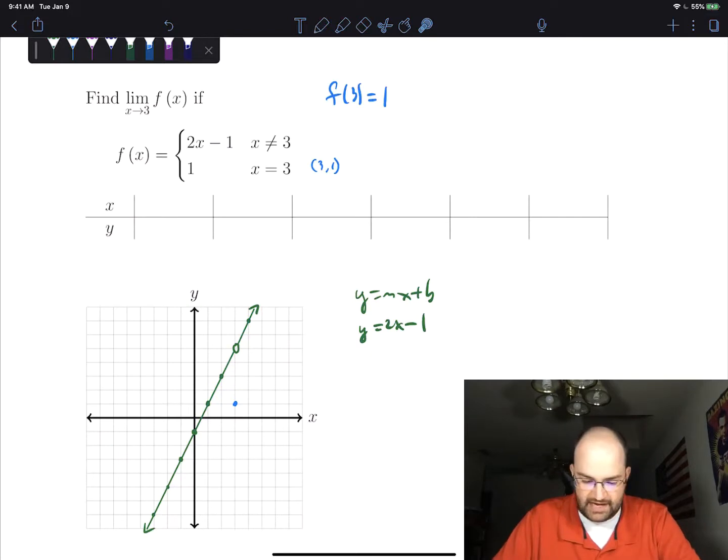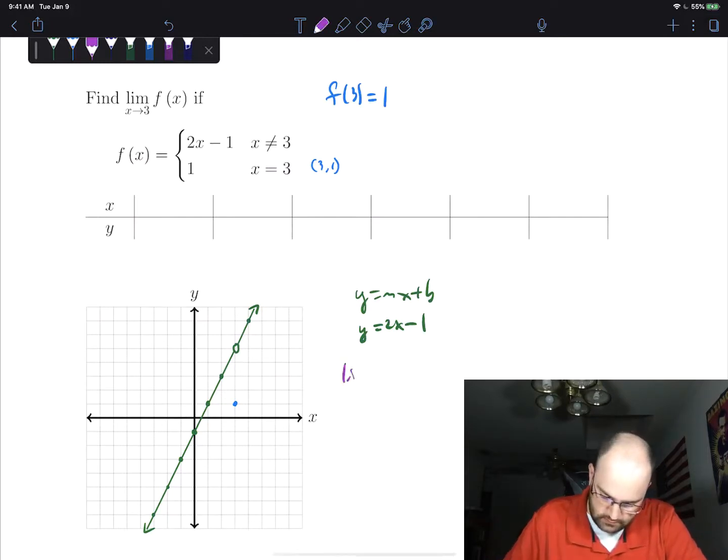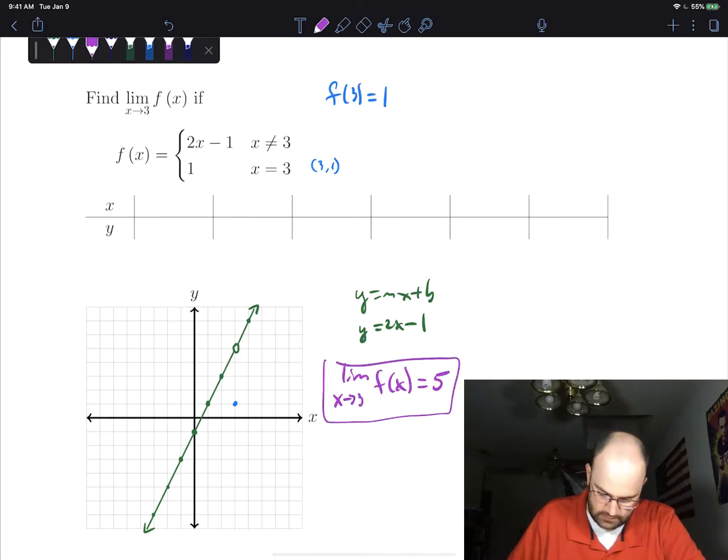Now, because I have graphed this, we could look at it this way. What's this y value here? Well, it's 1, 2, 3, 4, 5. So the limit as x approaches 3 of f of x should equal 5. And that is going to be the answer.